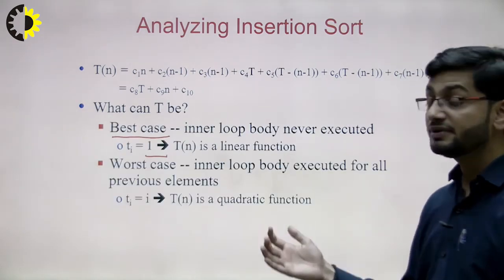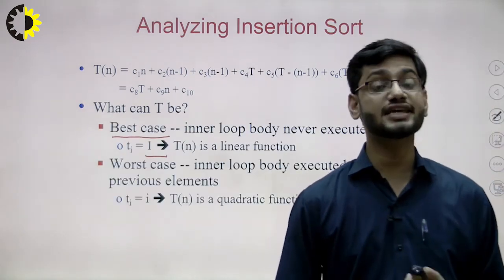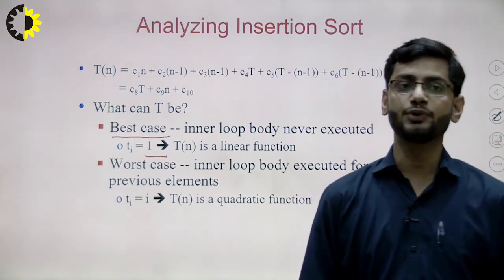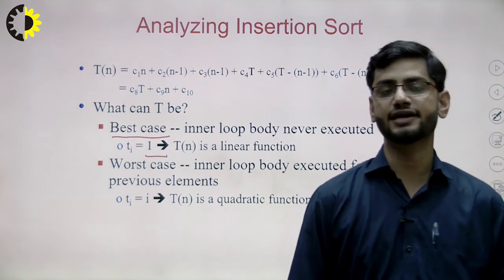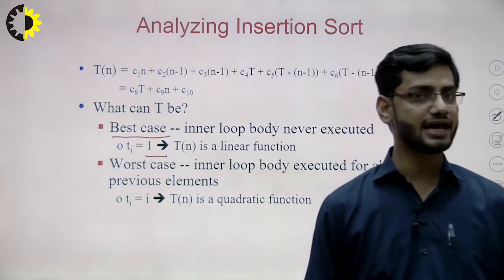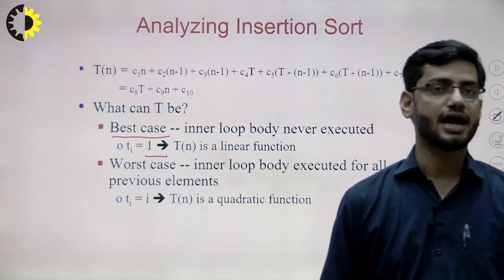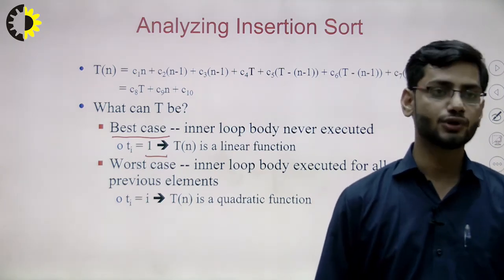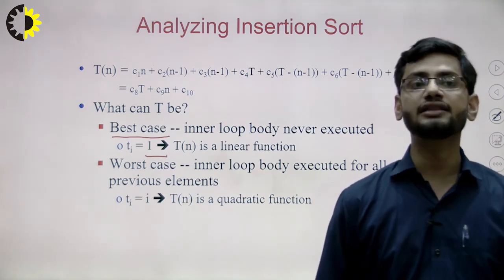But what will be the worst case? The worst case will be when I have the input array in reverse order. For example, I want my array in ascending order, and I have the input in descending order, the opposite. So I get the worst case.